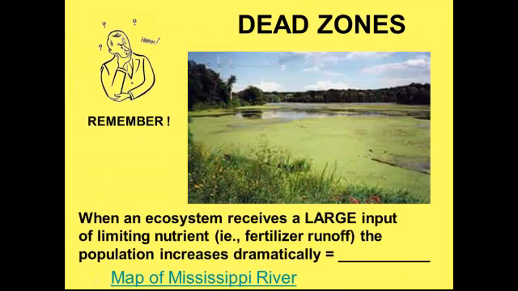Remember, in an earlier slideshow, we looked at what happens in an ecosystem if we have unlimited nutrients. Remember limiting factors: if there's not enough food, it keeps the population in check and controls how many organisms can live in that place.